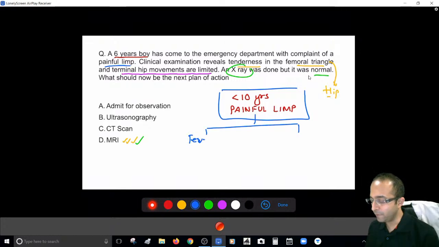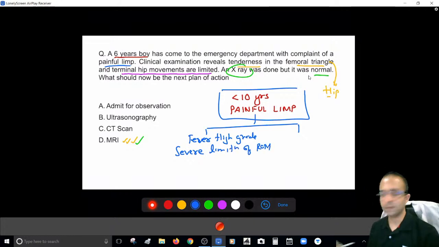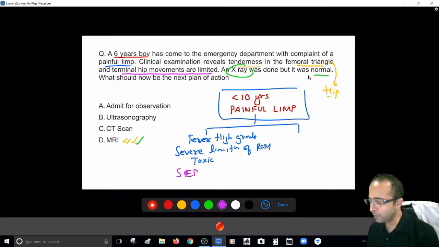You have fever that is high grade. You have a severe limitation of range of movements. You have a toxic type of a picture. High grade fever, lethargic child, bad general condition, severe limitation of movements, high grade fever. This is where the possibility that should be kept in your mind should be septic arthritis.